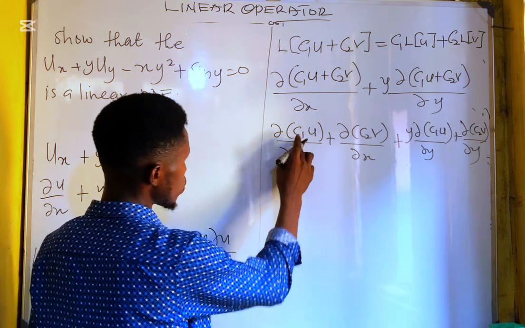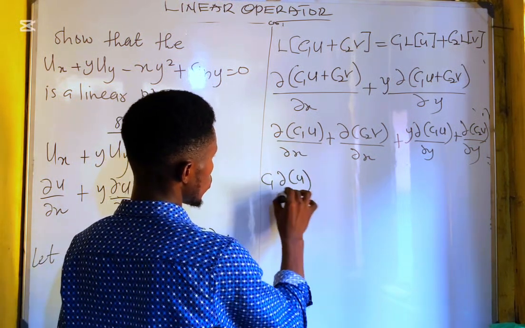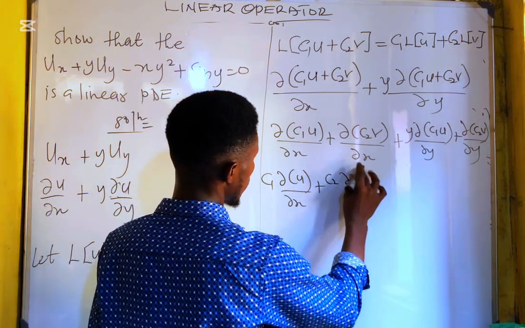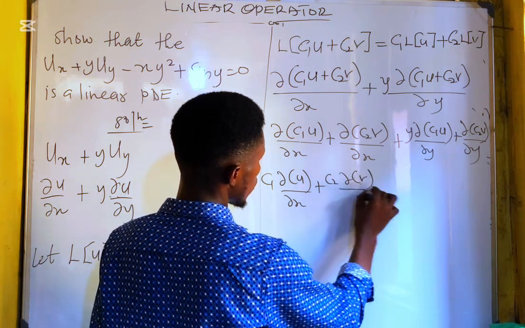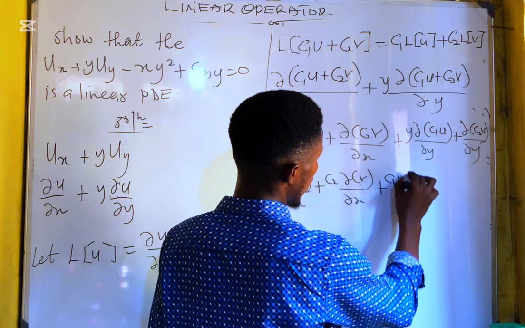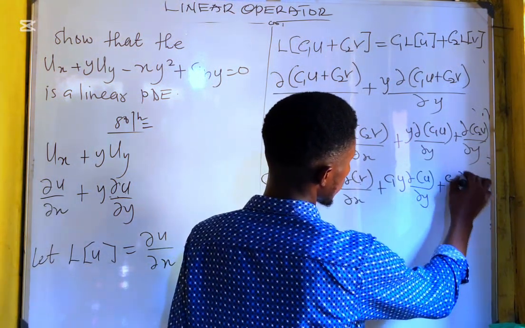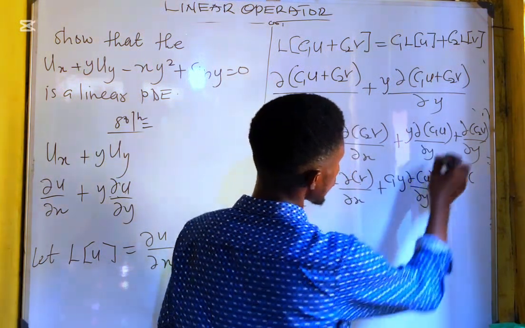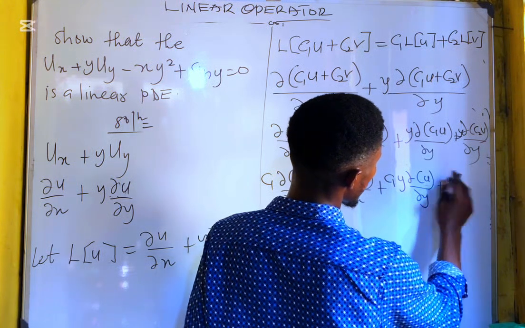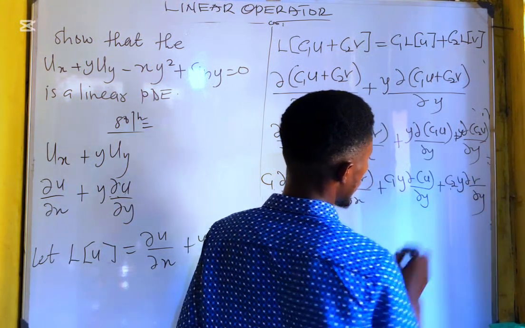So now here the C1, you have to factorize it out. That's the constant. So C1 out, you have delta U over delta x plus C2 out, you have delta V over delta x plus C1 y out delta U over delta y plus C2 out. Okay, so y has to be here. This y is multiplying through. So here to be C2 y delta V over delta y.